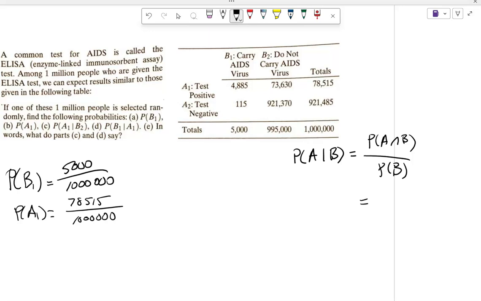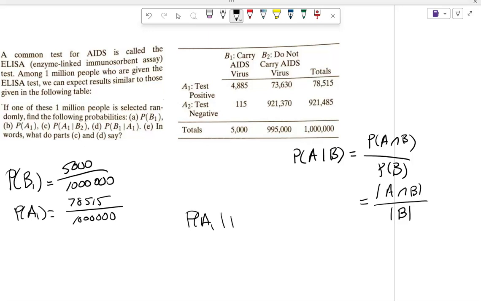I could think about this as the number of things that are in the intersection over the number of things, or the number of ways, if you will, that B can happen. This is another way to think about it. Yeah, these are equivalent to each other because I can transform this into this by just dividing by the size of the sample space. So those are equivalent to each other.